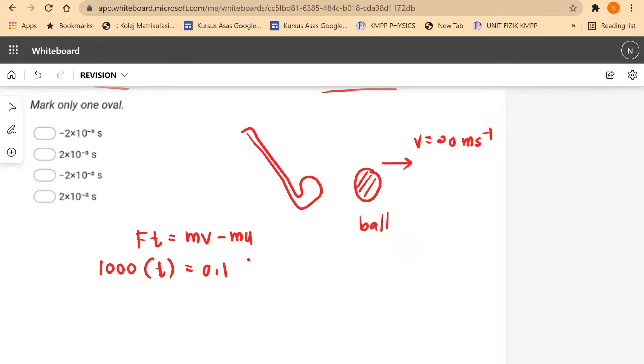The final velocity is 20, and the initial velocity of the ball is 0. So the time in contact is 2 times 10 to the power of negative 3 seconds. So the answer is B.